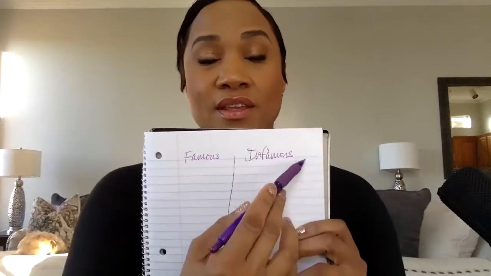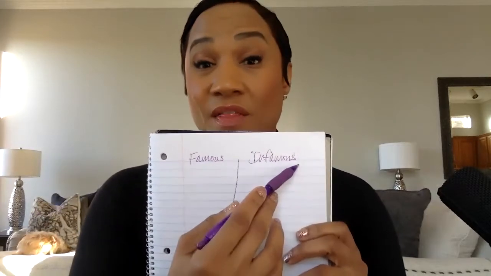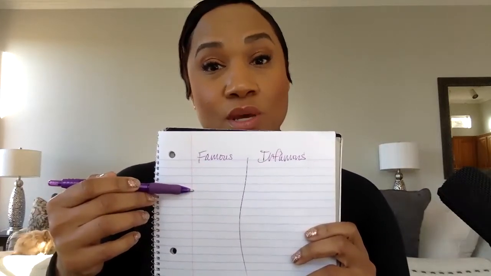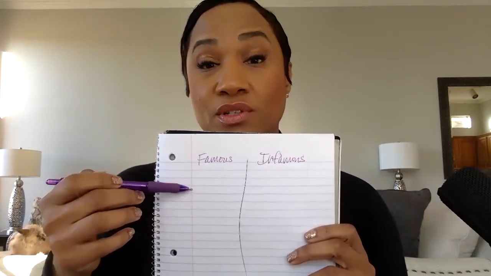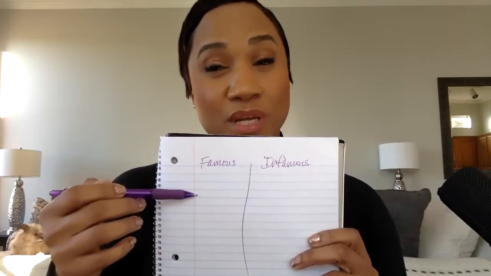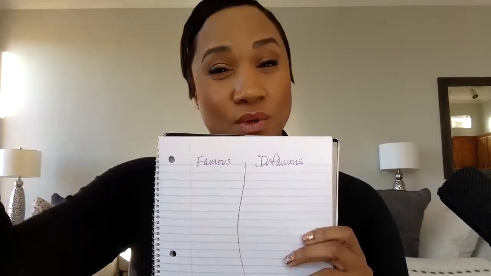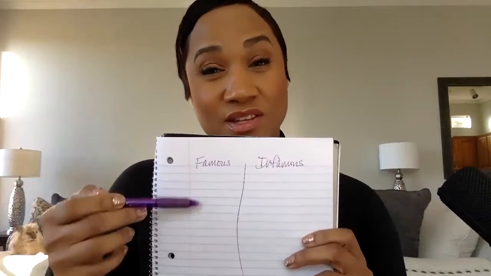So she's good. On this side, you may put that she was one of the most foremost first ladies in terms of being a major speaker in the United States. She was a global citizen, if you will, in that regard. Maybe you would put those types of things on the famous side.